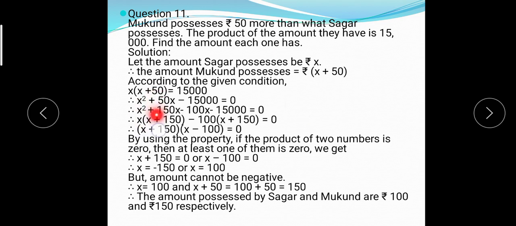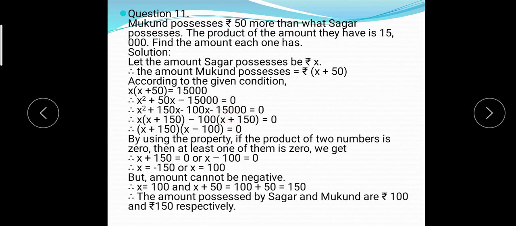So x square plus 150x minus 100x, I am distributing, means by using factorization you will get the answer x plus 150 in one bracket and x minus 100 in another bracket.